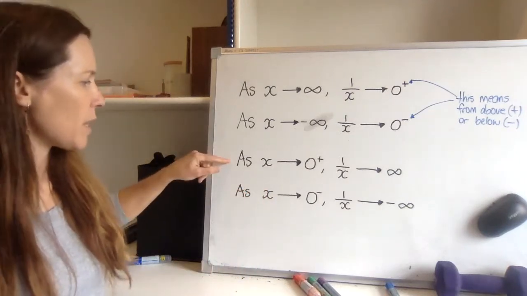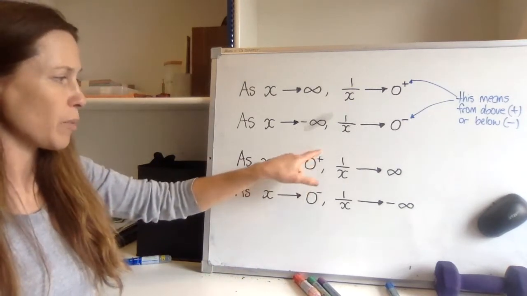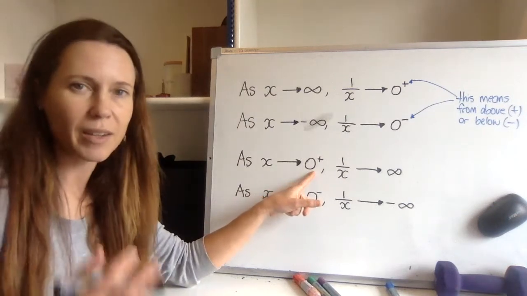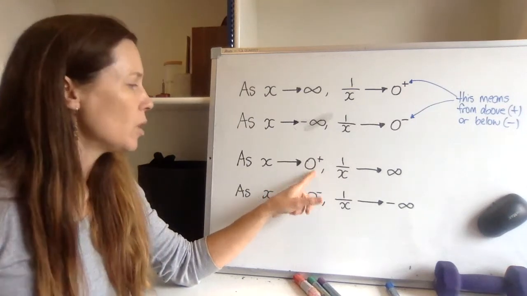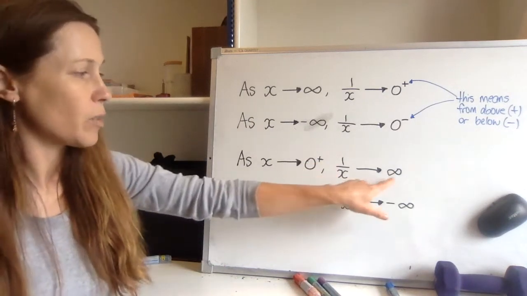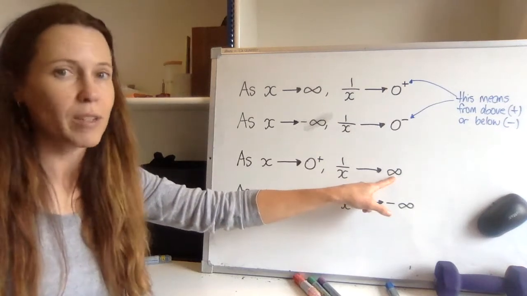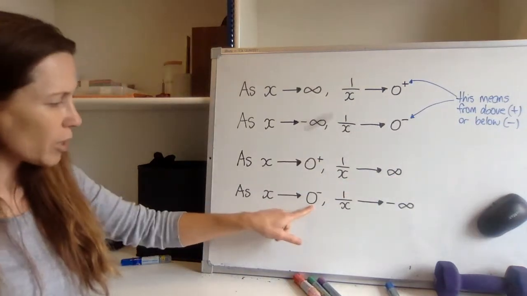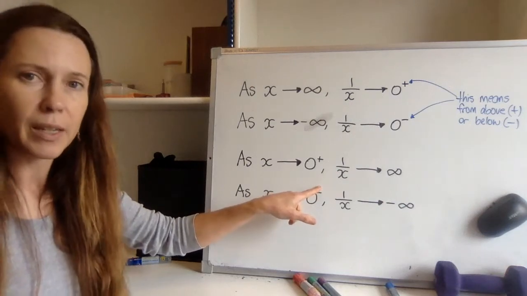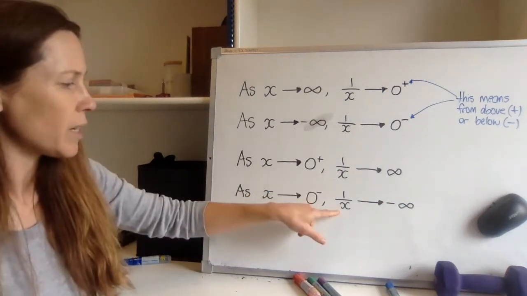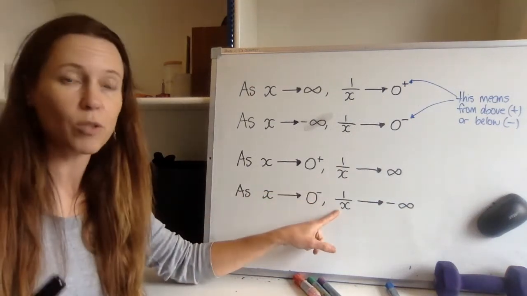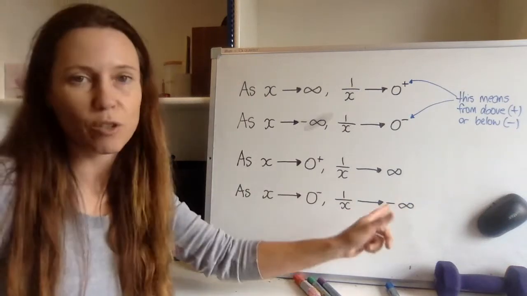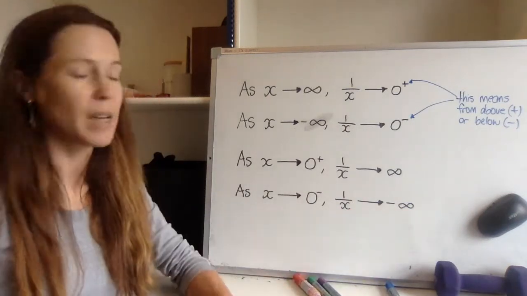Similarly, we can say that as x is approaching 0 from above, in other words, it's a tiny, tiny fraction, but it is positive, 1 over x is going to approach positive infinity. Whereas when x is approaching 0 from below, it is actually negative. So when we take its reciprocal, sure, it will be a huge number, but it will be a huge negative number. It'll approach negative infinity.